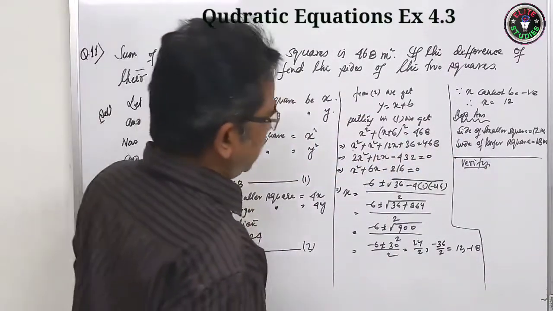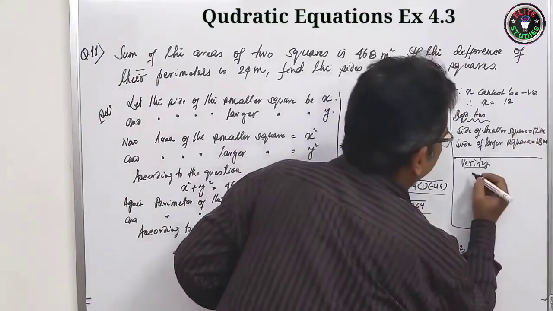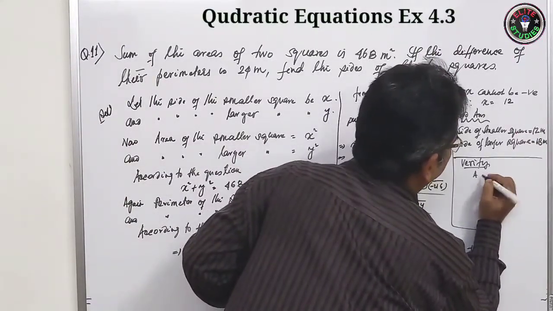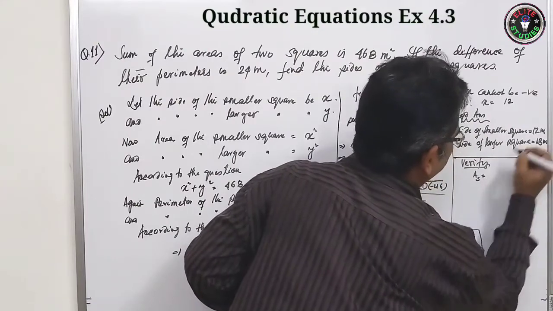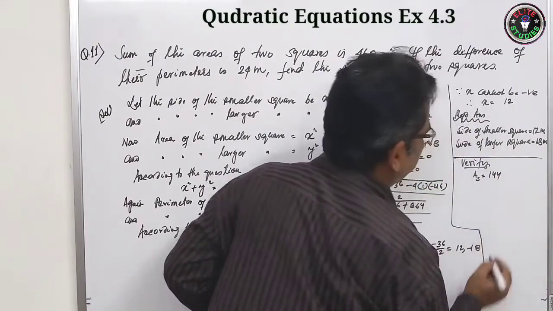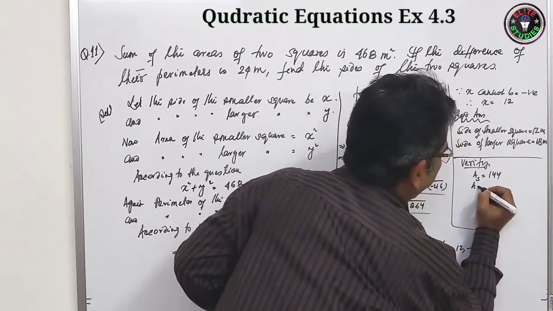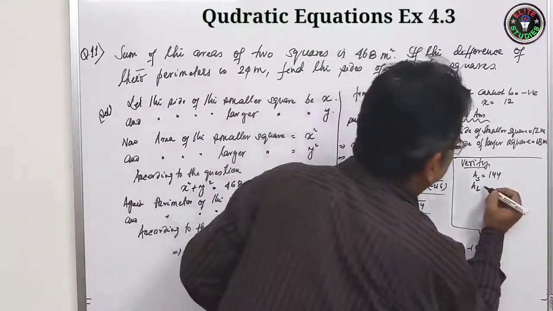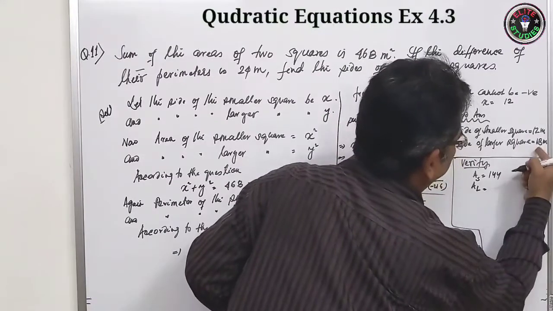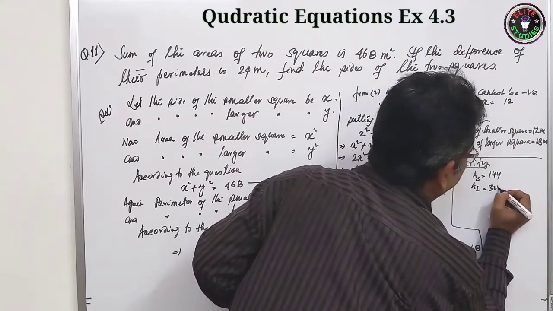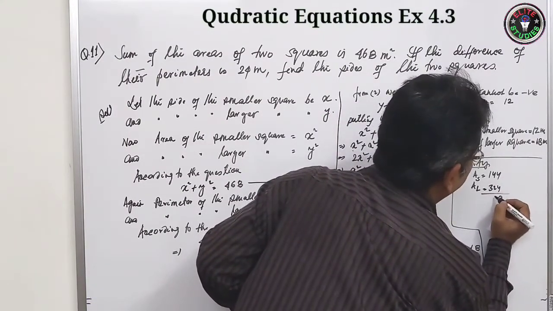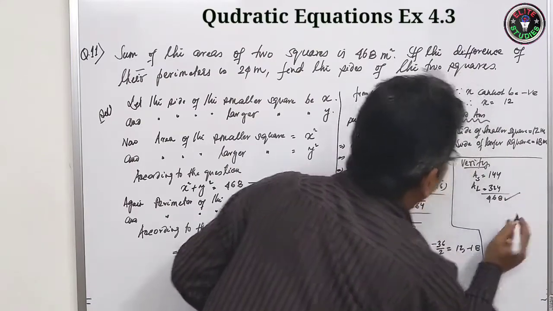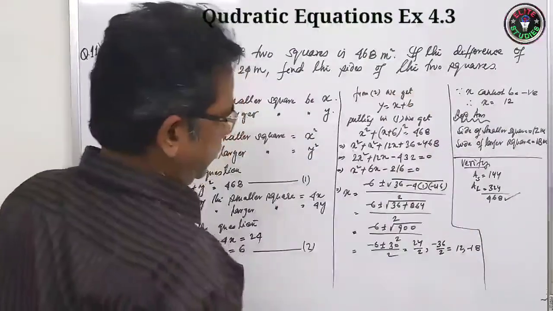So the area of the smaller square is equal to 12 into 12, 144. And the area of the larger square is equal to 18 into 18, 324. You add it, and we get 468. We got it.